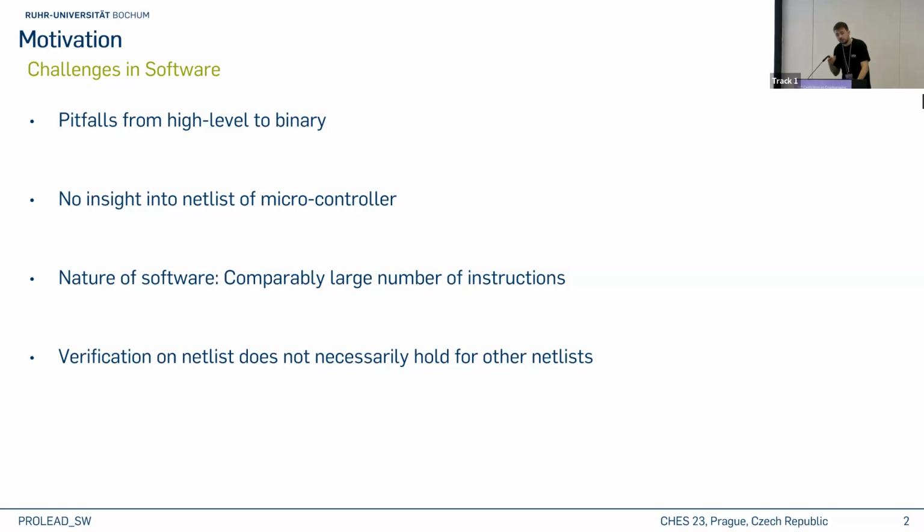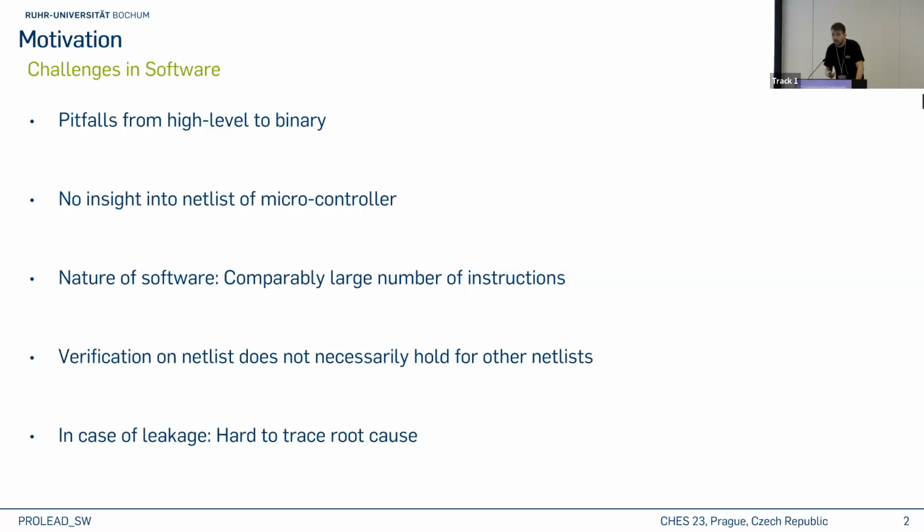Furthermore, regarding formal verification on netlists, current research indicates that this is tightly bound to the netlist you're evaluating on. And this is because vendors might have different RTLs, which then get synthesized differently, which will eventually end up in a different microcontroller.